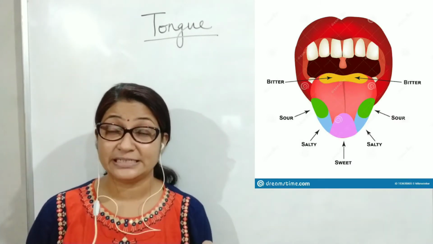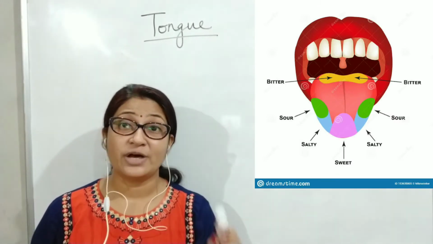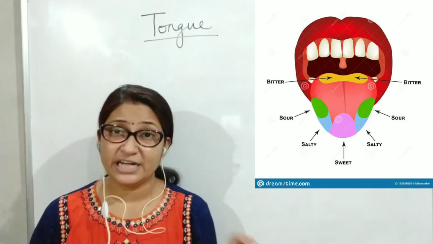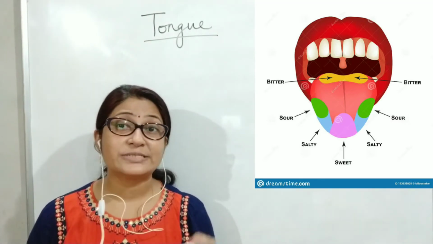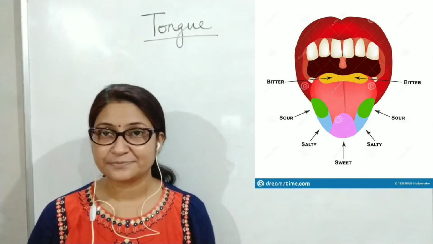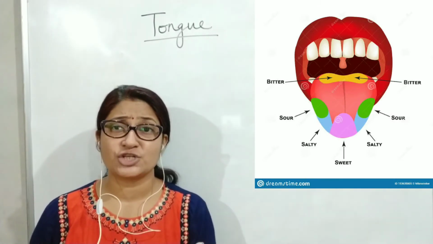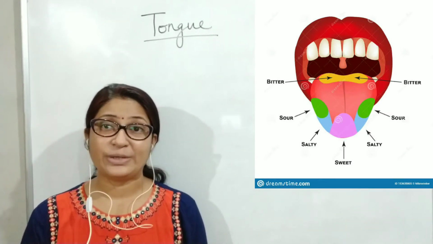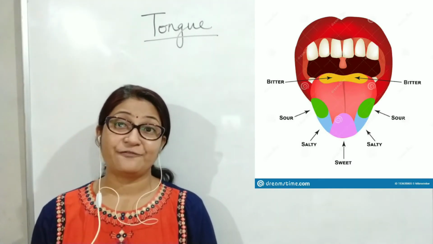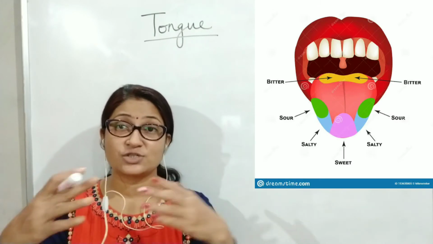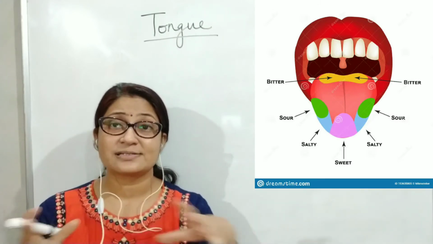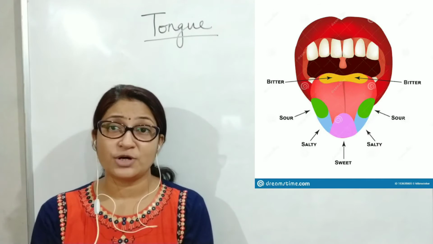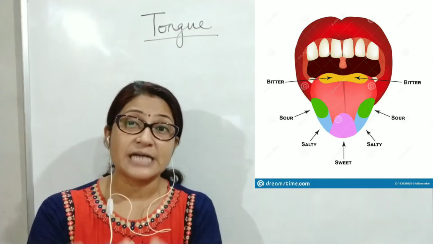Most importantly, you can speak because you have a tongue. Those who don't have a tongue are not able to speak. Secondly, whatever tasty dishes you are having, your mouth starts watering very quickly. You are able to taste different things, whether it's sweet, salty, bitter or sour. All that is also possible because of your tongue.